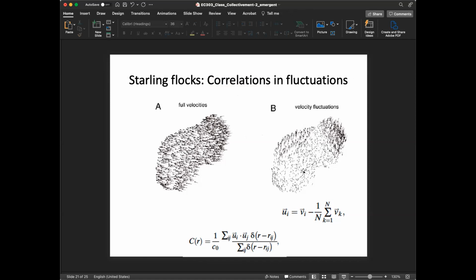Here the lag will be in distance, whereas the lag there was in time, which is why I chose these two papers, to contrast correlations in time in the previous study and correlations in space in this study. And of course, they don't calculate the correlations in the absolute velocities, but in the velocity fluctuations.